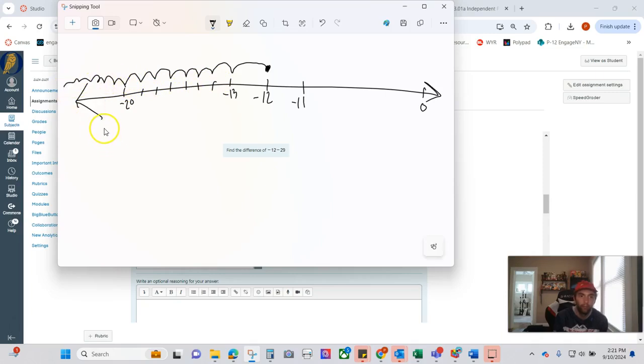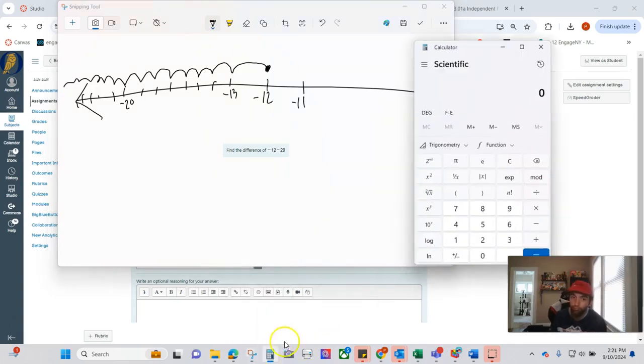I keep going. Well, that'd be hard to do on a number line, but we could do it if my number line was big enough. And then you could get your answer that way. But we can also use a calculator too.